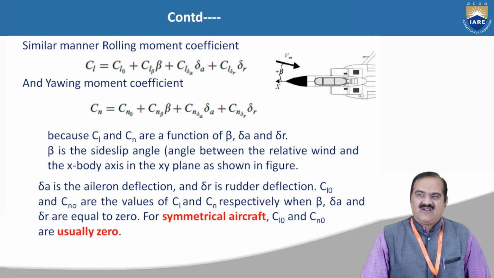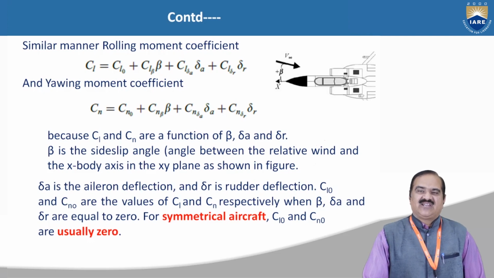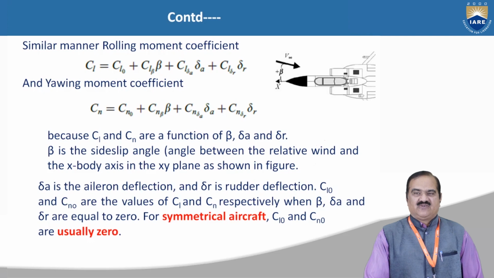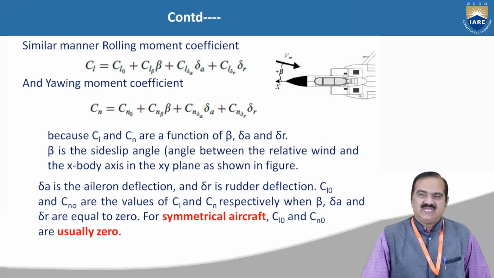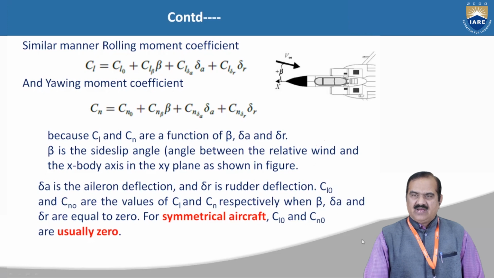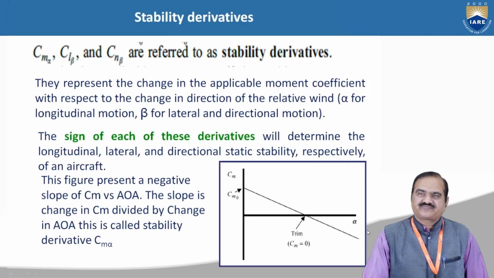For symmetrical aircraft, Cl naught and Cn naught are usually 0. So if we are testing any symmetrical aircraft wing, then Cl naught and Cn naught will always be 0.